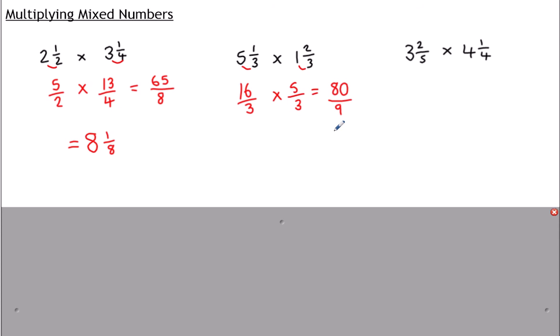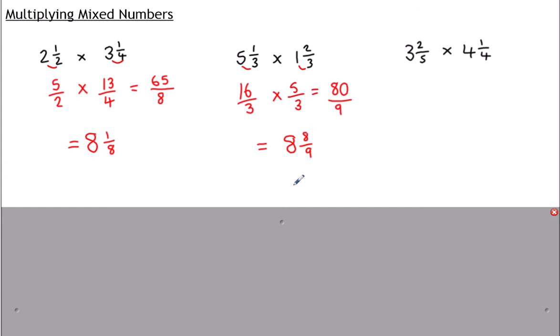If there was, I would simplify it before I convert it because it makes the converting easier, but I can't simplify because of the numbers. So now we have to say, how many 9s are in 80 with how many remainders? Well, 8 9s are 72. So it goes in 8 times with 8 left over.